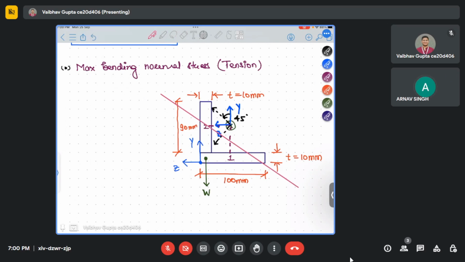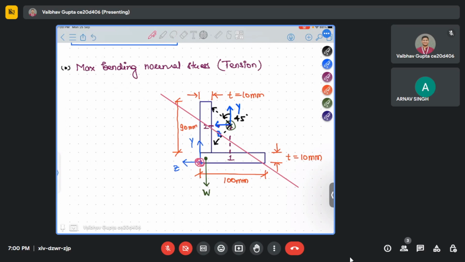In the lecture also, if you have seen, the bottom part is always in tension, and the top part is always in compression. So maximum tension will occur at this point. You can revisit the lectures to know further details.